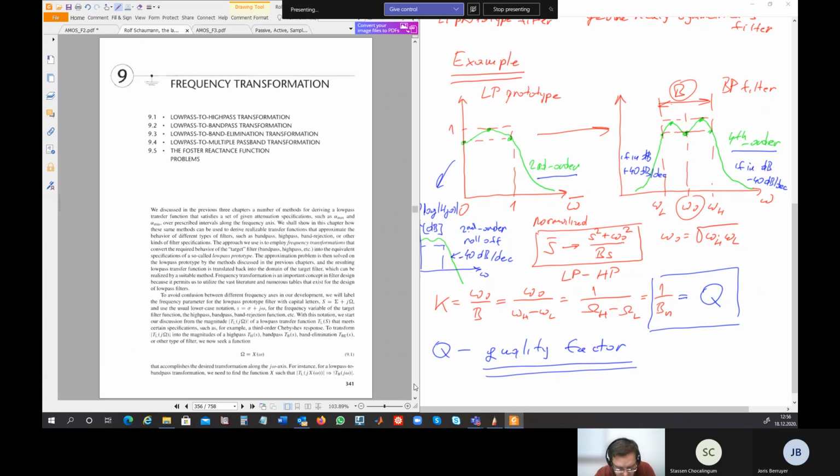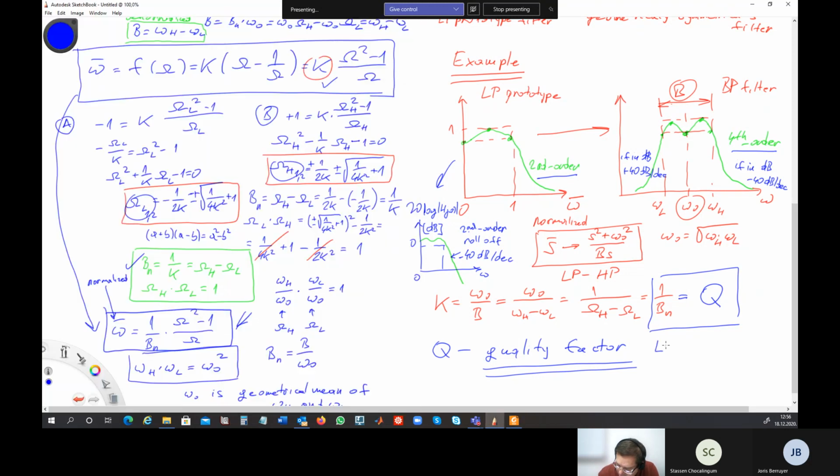So here you have the low pass to band pass transformation. I just want to say that low pass to band stop is very similar. It can be derived in the same way. This is low pass to band stop. There is also low pass to high pass, like omega cutoff over S, and so on.